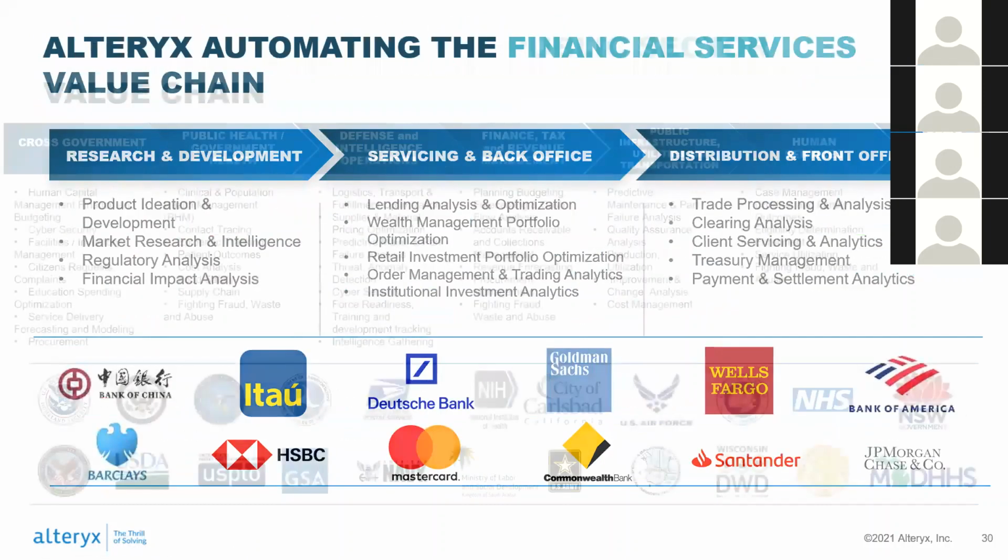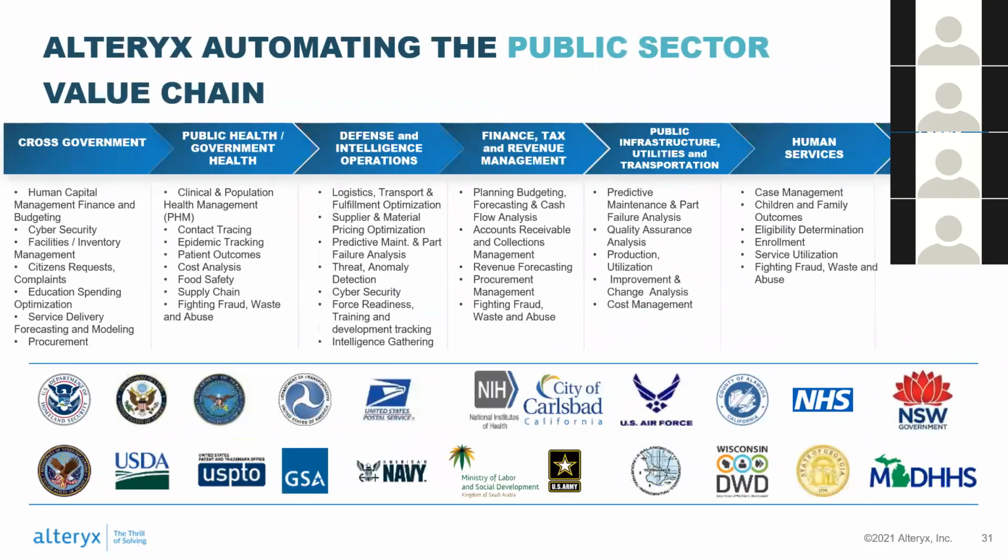Yeah, so here I just want to give a brief highlight of the different verticals we have worked on, from financial services, research and development, and distribution, to the public sector, which is one of our big verticals here in the region. So we worked with many organizations and bodies here in the region.